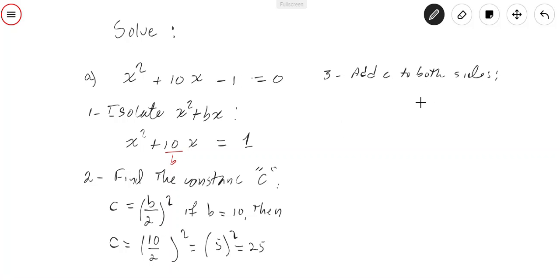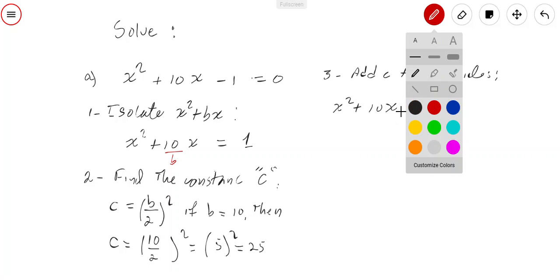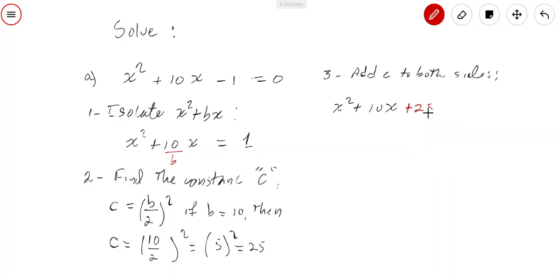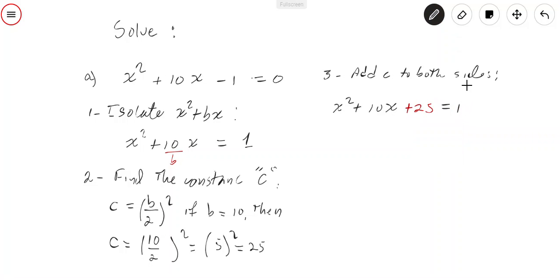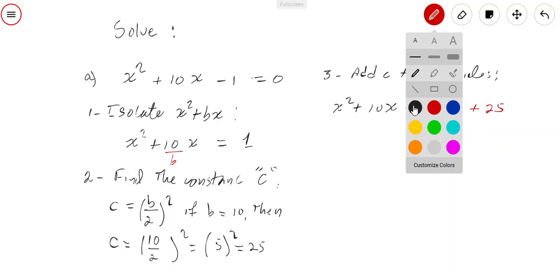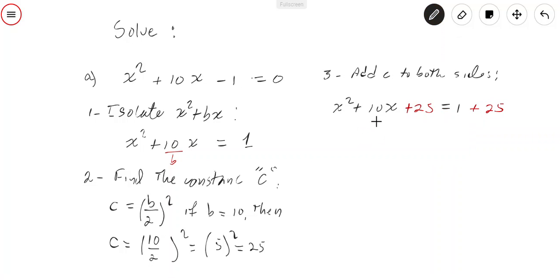So adding c to both sides, we get x squared plus 10x plus 25, since c is 25, equals 1 plus 25, because I added 25 to both sides. Of course, now x squared plus 10x plus 25 is a perfect square trinomial because we did it to get here a perfect square trinomial.